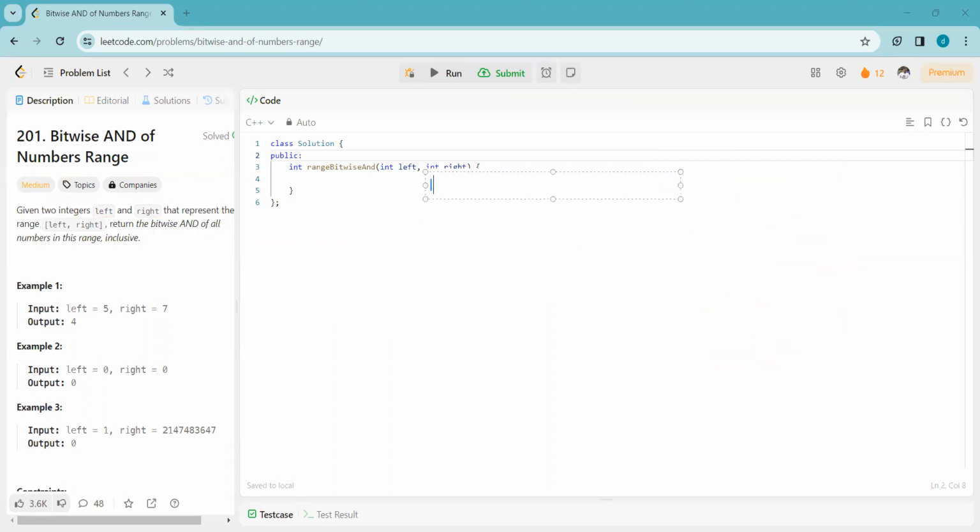So in our previous example, left 5 and right 7, let's see. First we will write the binary of the numbers 5, 6, 7. What will be the bitwise AND of these numbers?